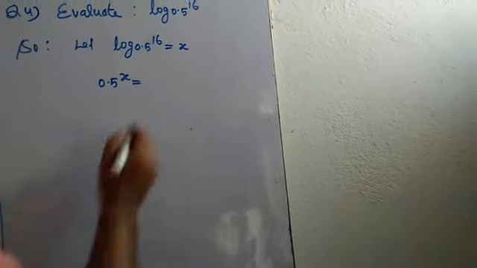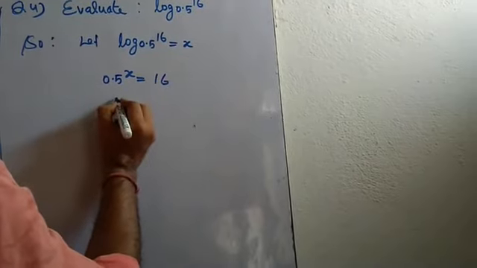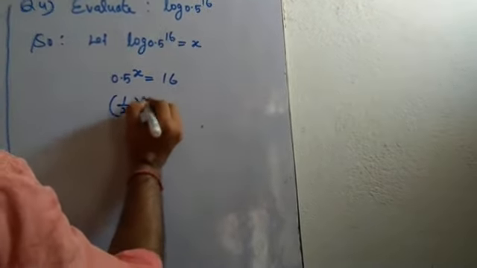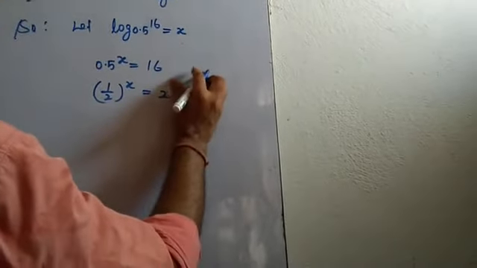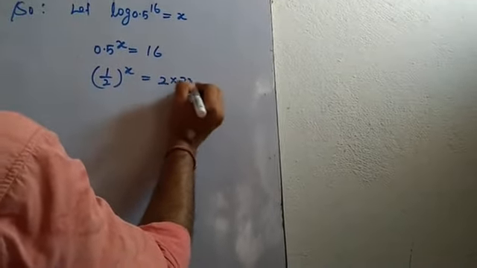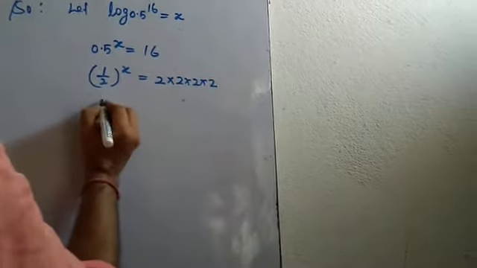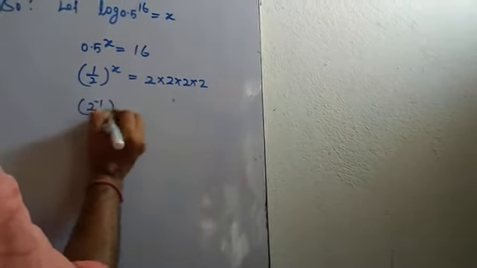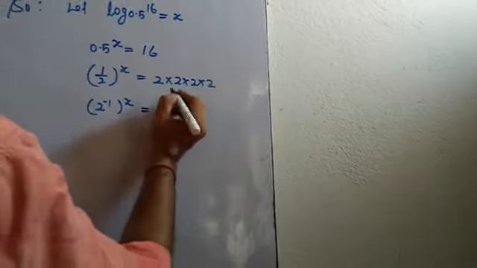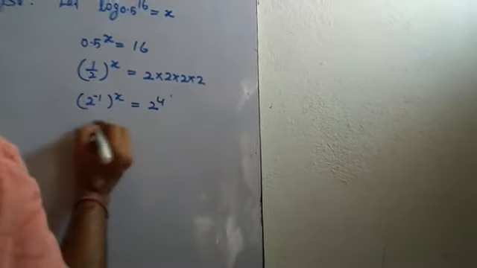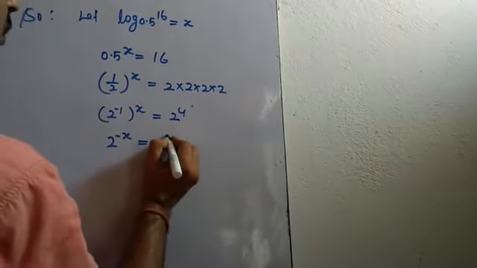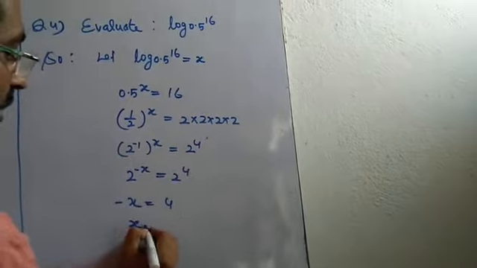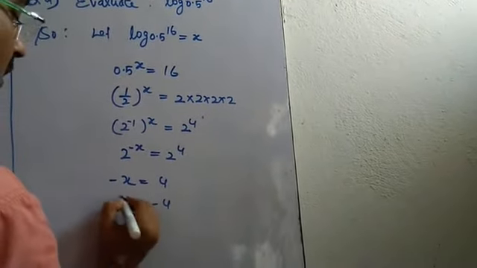In exponential form, 0.5 power x equals 16, or (1 by 2) power x equals 2 power 4, 2 power minus x equals 2 power 4, or minus x equals 4, or x equals minus 4.